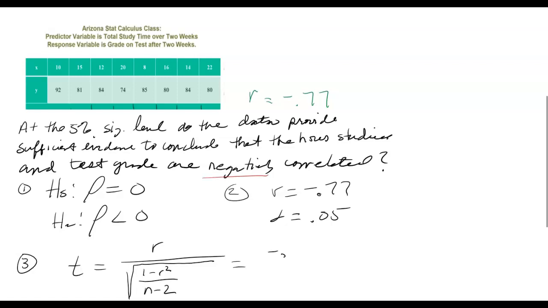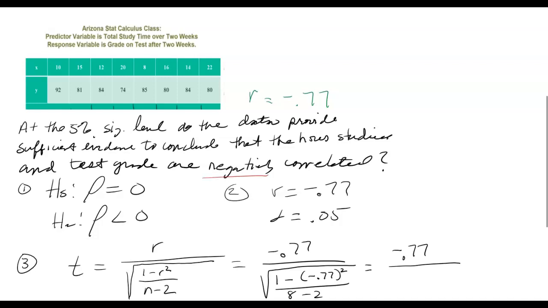So we're going to go ahead and plug that in. Be careful with the minus sign. Yes, when you square the negative 0.77, it does become positive.